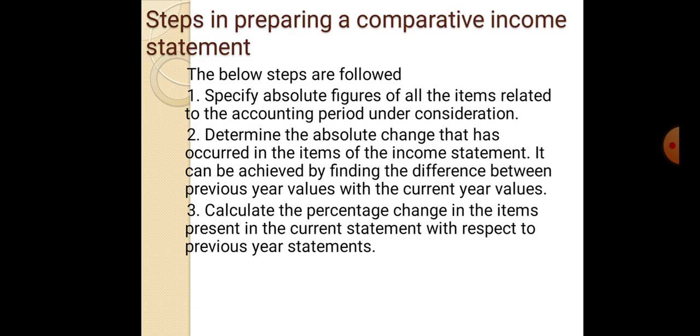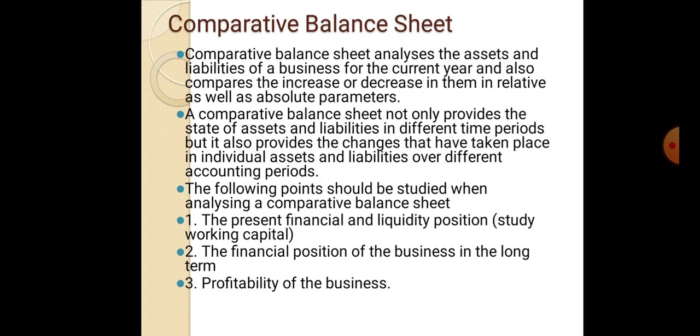It can be achieved by finding the difference between previous year values and the current year values. And thirdly, calculate the percentage change in the items present in the current statement with respect to the previous year statement. So these are all the steps in preparing a comparative income statement.